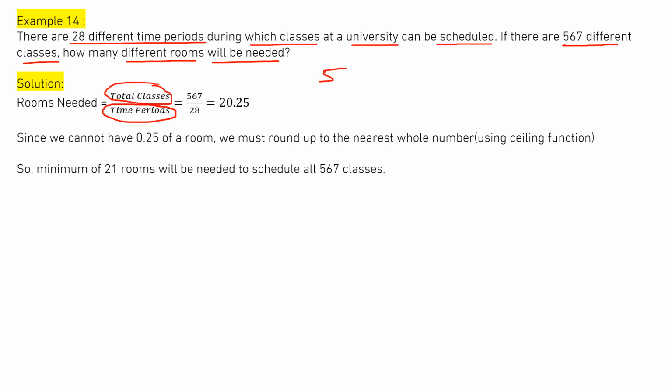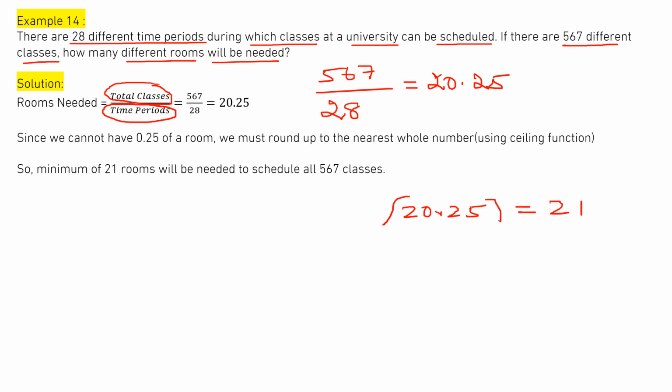So we have 567 different classes divided by the total number of different periods, 28. That will give you 20.25. If I take the ceiling function of this value 20.25, the nearest integer is 21. So I say a minimum of 21 rooms will be needed to schedule all my 567 classes.